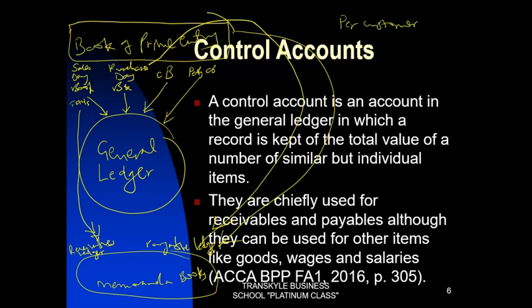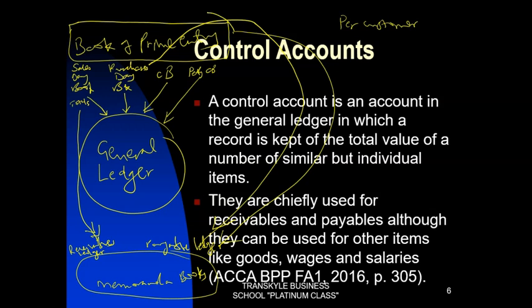When the general ledger takes information from the same sales daybook, it takes the total of all the credit customers. But the receivables ledger takes information line by line, so that's per customer, per customer, per customer. Are we together?